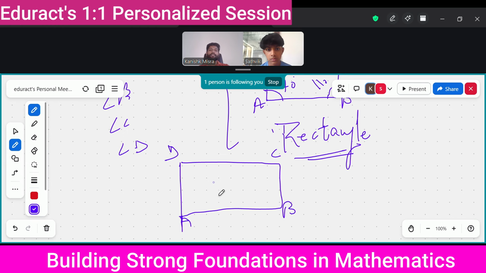So AB is equal to CD, AD is equal to BC. Opposite sides are equal.